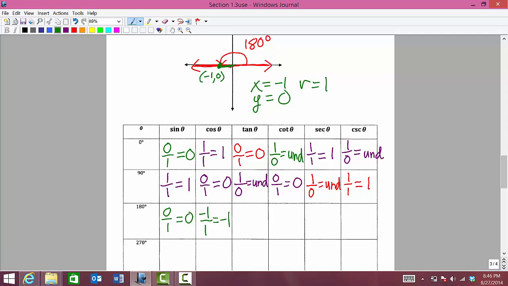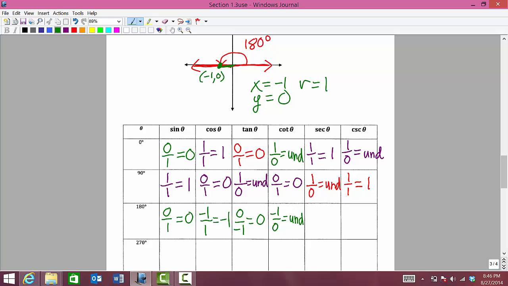Tangent is y divided by x, so that would be 0 divided by -1, which would be 0. Cotangent is x divided by y, that's -1 divided by 0, which would be undefined.